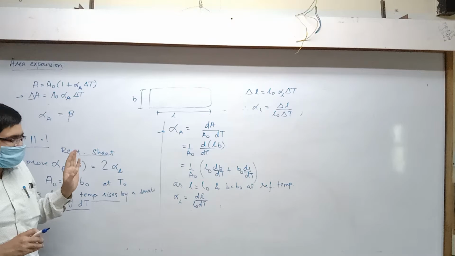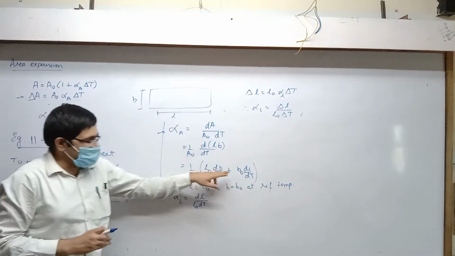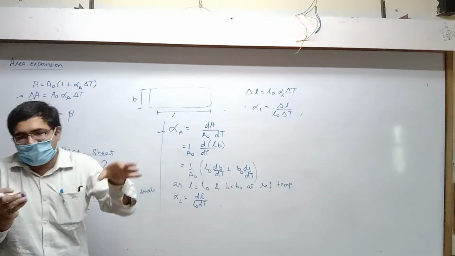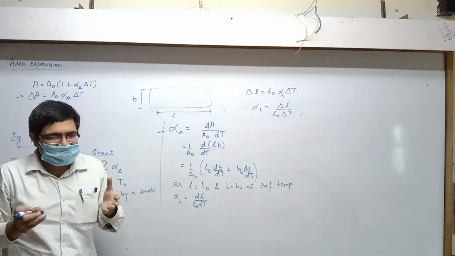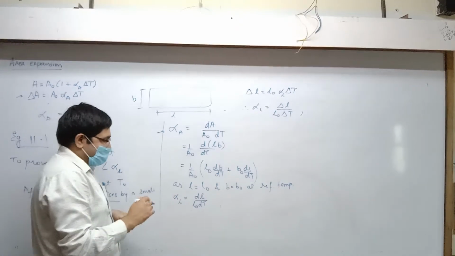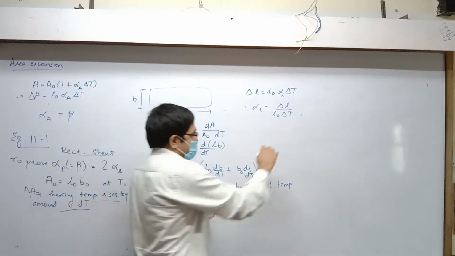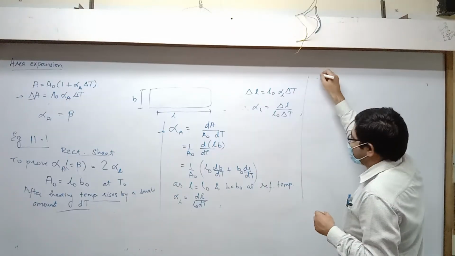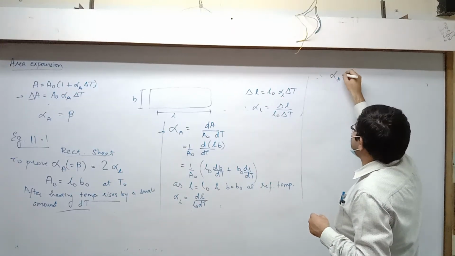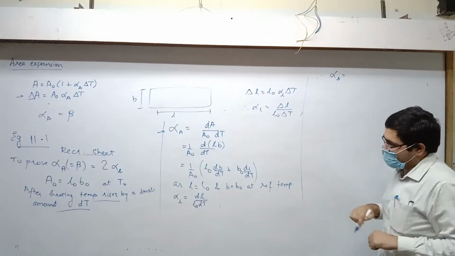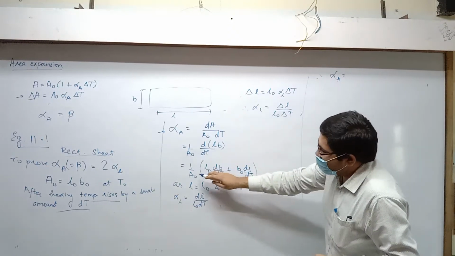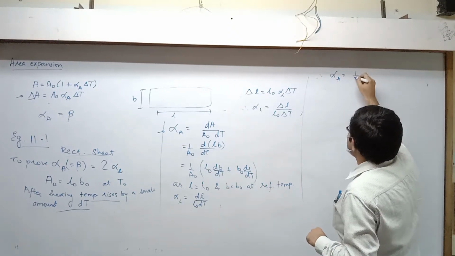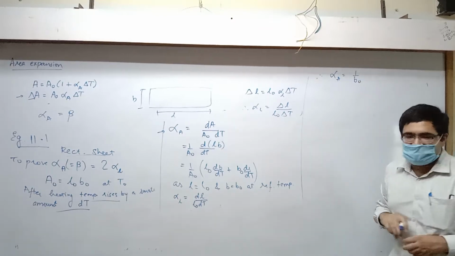Now you should understand that B, that is breadth, is also a kind of length. Do you get it or not? So keep that in mind and let's write the next step. So therefore alpha A is equal to, okay, what is alpha A? L0 by A0. Do you realize that L0 by A0 means 1 by B0?